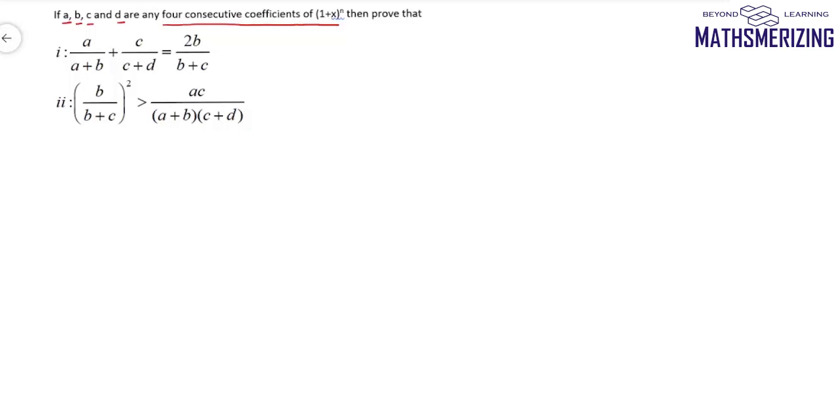So what I'll do is, suppose a is nC(r−1), b is nCr, c is nC(r+1), and suppose d is nC(r+2). So first I'll find a/(a+b). So there'll be nC(r−1) upon nC(r−1) + nCr.